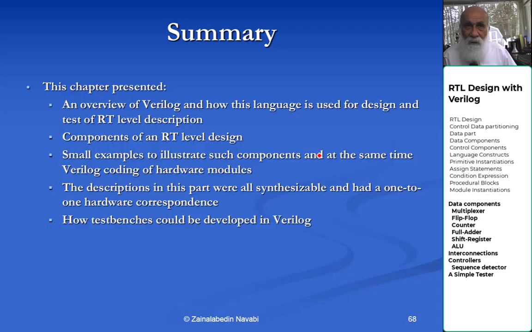And then following that, we have gone through the data path components, several of them, like a shift register, like an ALU, like a counter, and all that. And at the end, we covered a sequence detector that represents the way we will describe controllers for RT level design. And then we developed the test bench for the controller to show the concept of test benches.